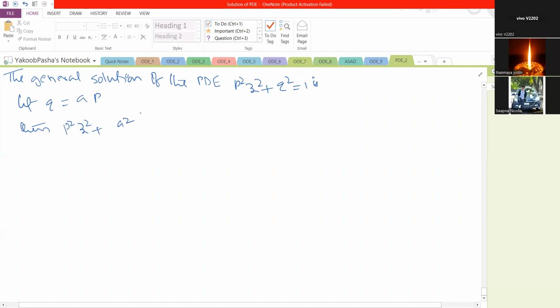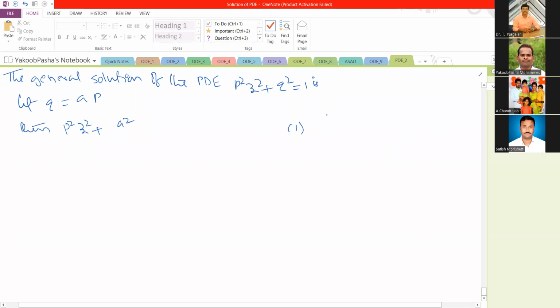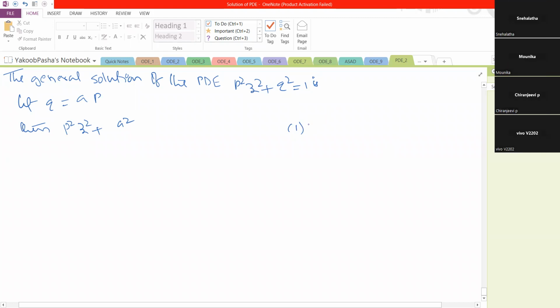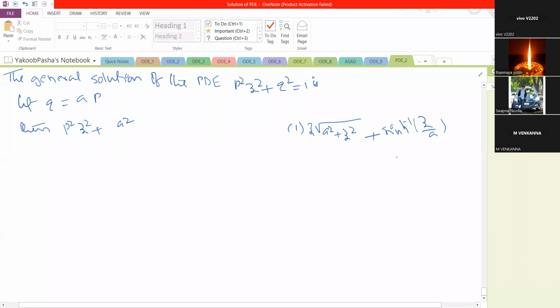Then substitute in this, p square z square plus a square. Okay, I will write the options, since some people will try. First option: z into under root of a square plus z square plus sinh inverse z by a is equal to 2x plus 2ay plus b.